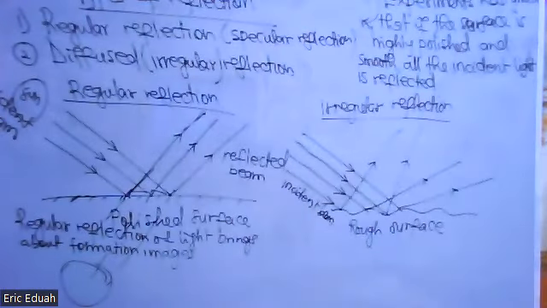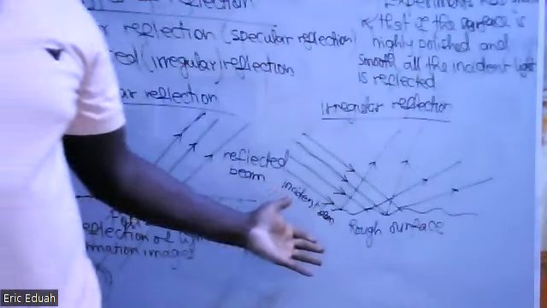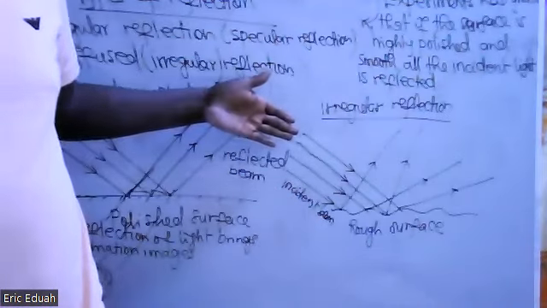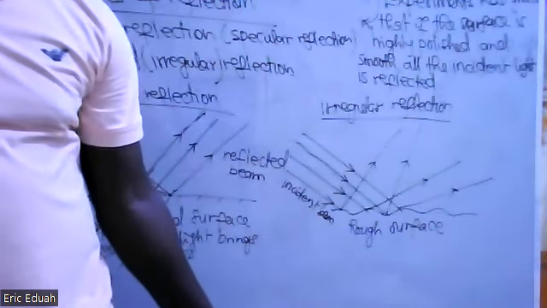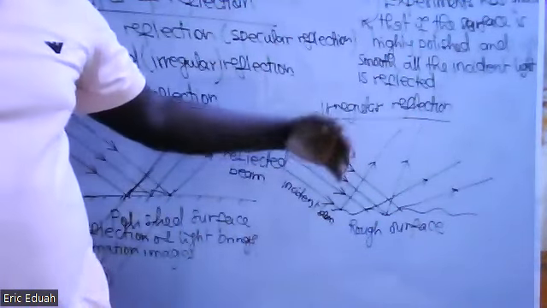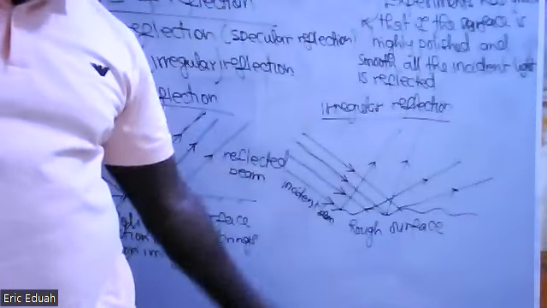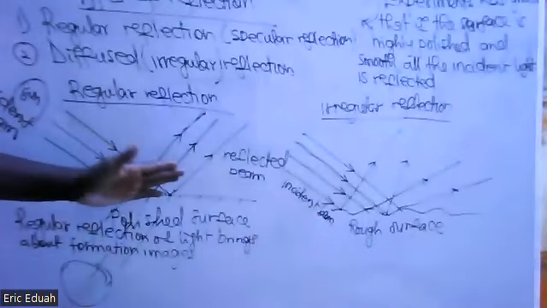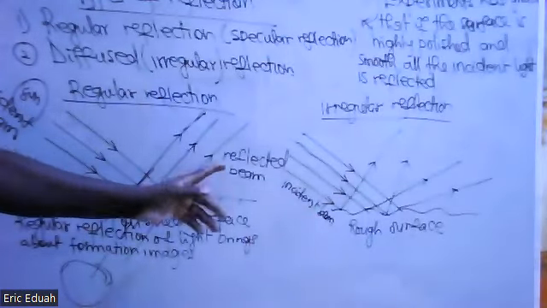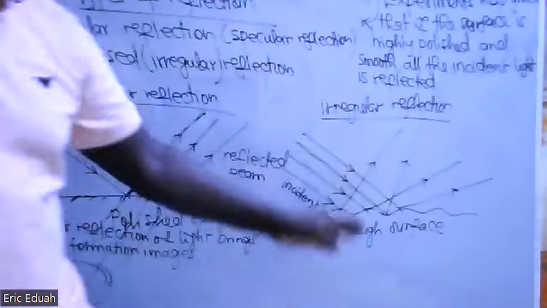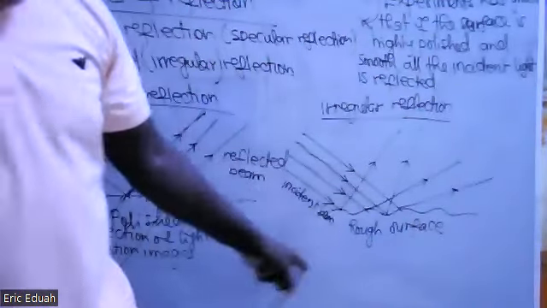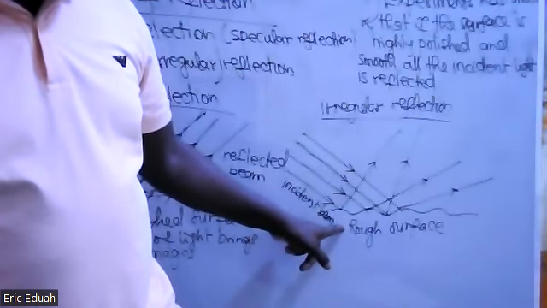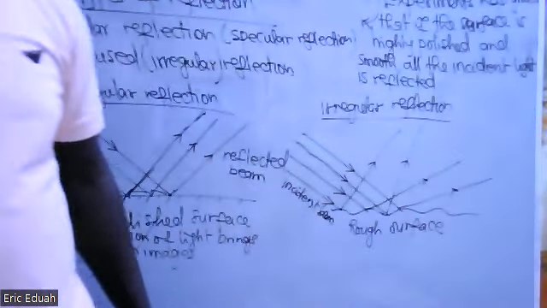The difference is that the incident beam which came orderly gets reflected, but the reflection is scattered. It is not in that orderliness as we have in regular reflection. It is scattered because of the nature of the surface. Are we fine?